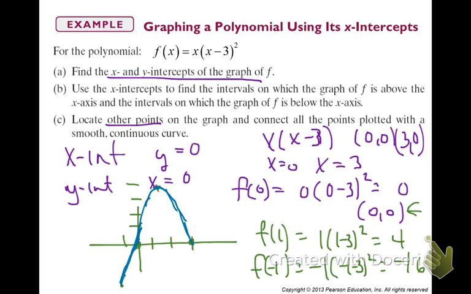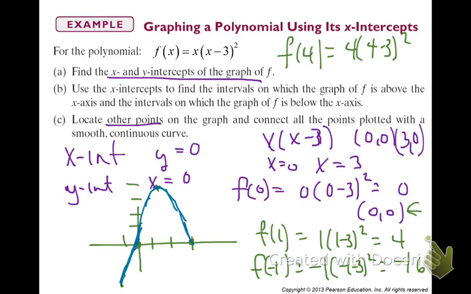Now, the last thing we need to decide is what's happening over here. Okay, so this is 3. So let's try 4. So f of 4. 4 times 4 minus 3 squared. 4 minus 3 is 1.